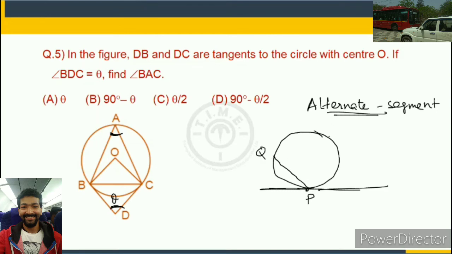This property says that the angle that this chord makes with the tangent, say theta, would be equal to the angle that this same chord subtends at any point on the circumference. So this would also be theta.